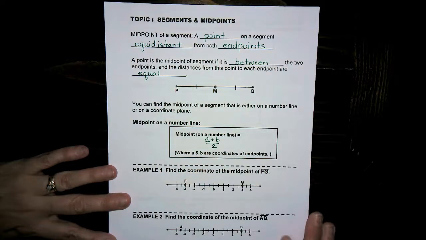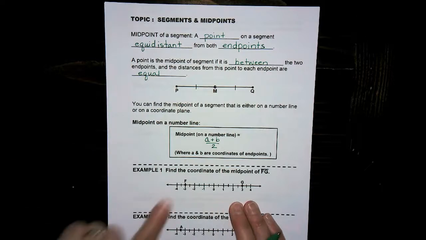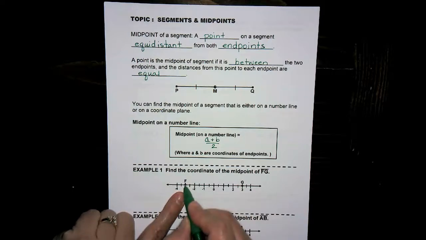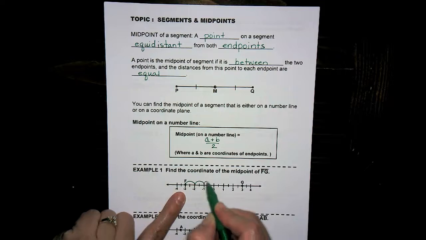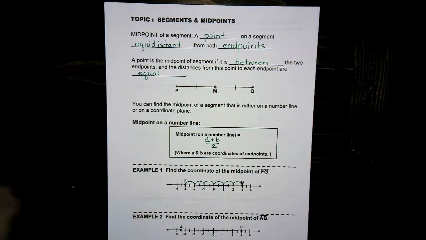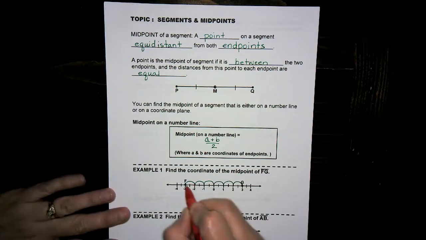So let's look at example 1 here. We want to find the coordinate of the midpoint of FG. So we want to find the point that is halfway between F and G here. So let's count a little bit. Since we have this number line, that's 1, 2, 3, 4, 5, 6. So the distance from F to G is 6, but we only want halfway.